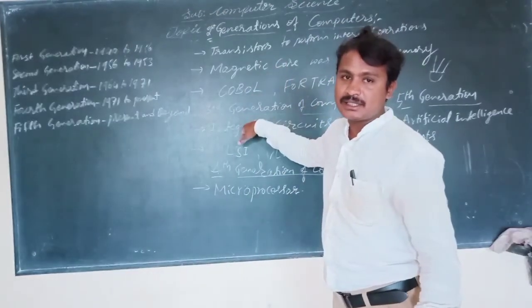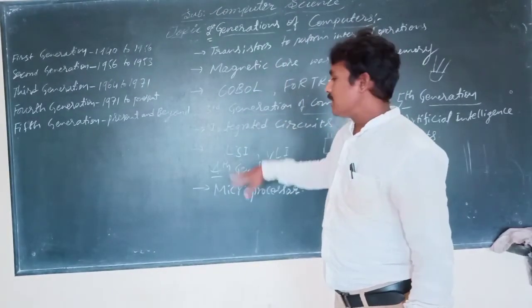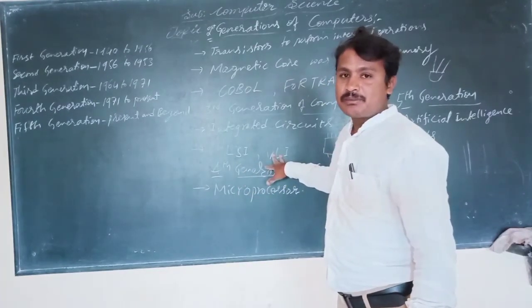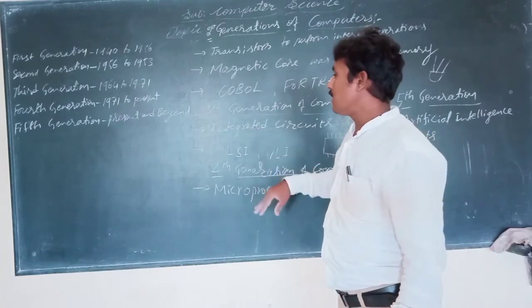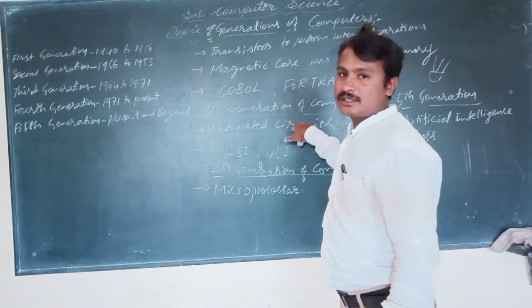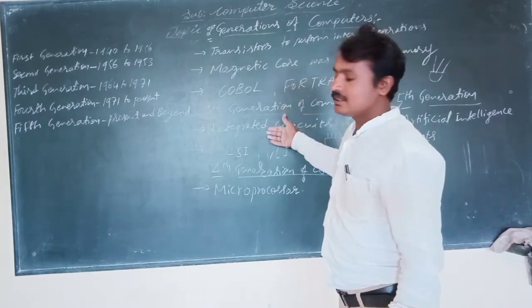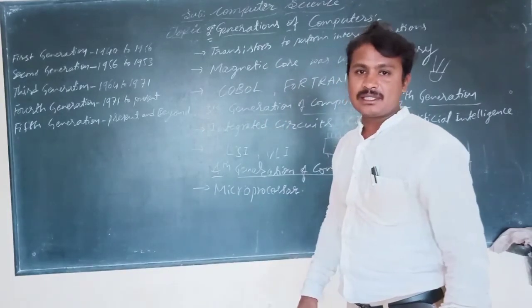In third generation, large scale and very large scale chips were developed, and integrated circuits were developed. Transistors were replaced by integrated circuits.